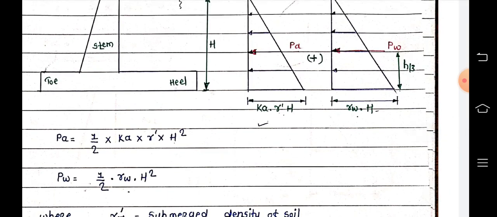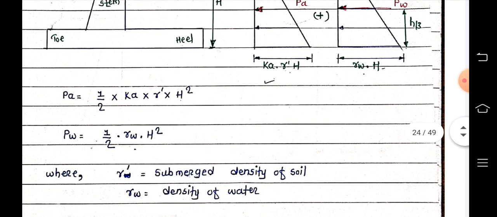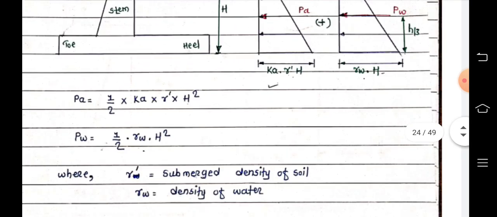So our total Pa will be 1/2 Ka gamma dash into H square, and for water, plus 1/2 gamma W into H square.